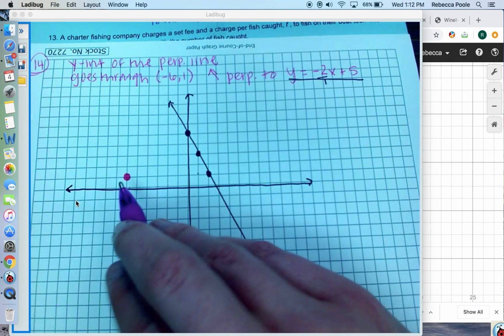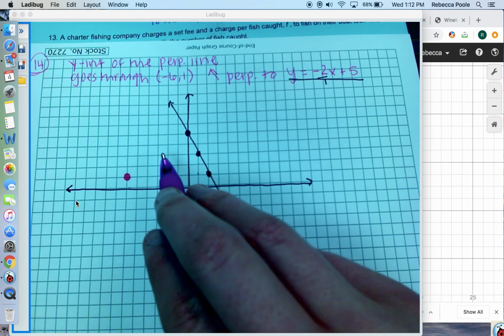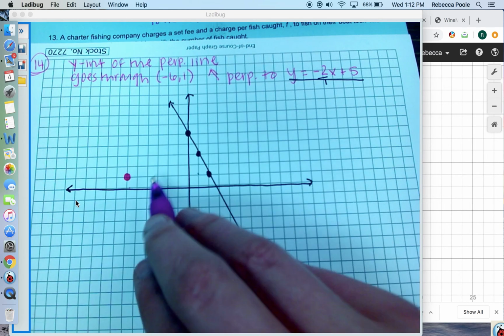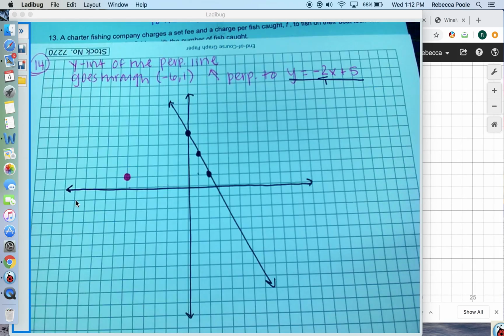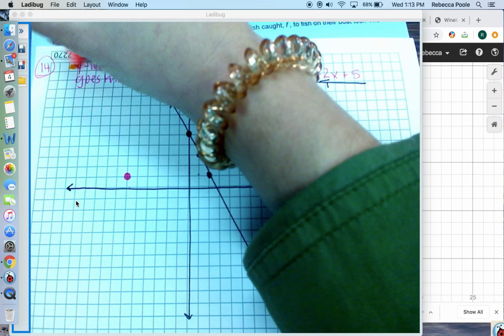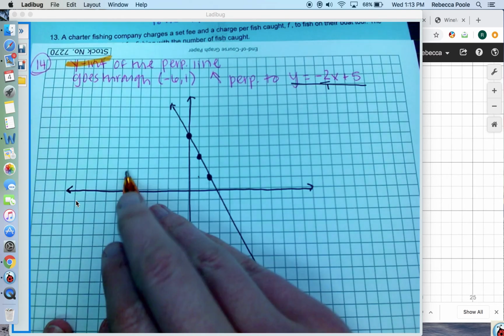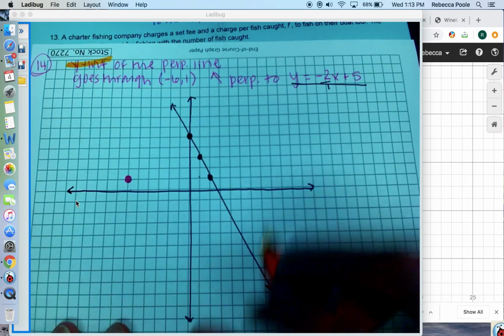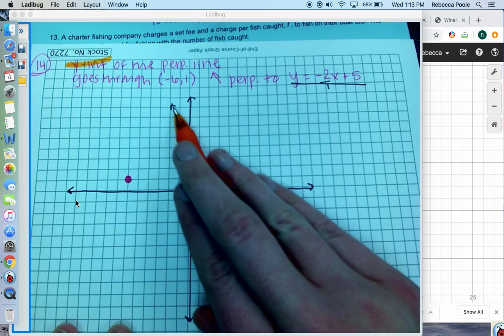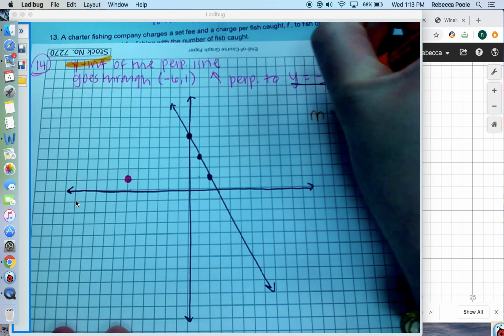Now, if we can find the slope for our perpendicular line, then we can use the rise over run to figure out where exactly it'll cross, and then we should be able to find this y-intercept that they asked us for right here. All right? So, what I need you guys to remember is that perpendicular lines are complete opposite lines, okay? So, if this line is negative, that means the perpendicular line slope is going to be positive.